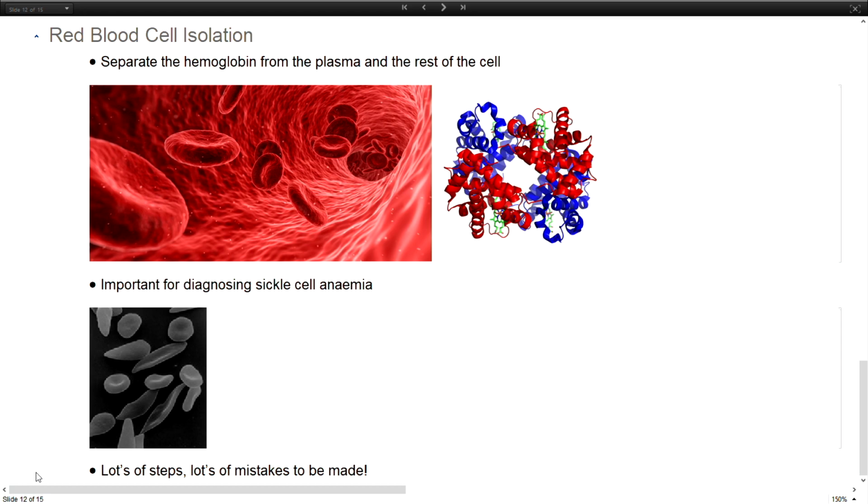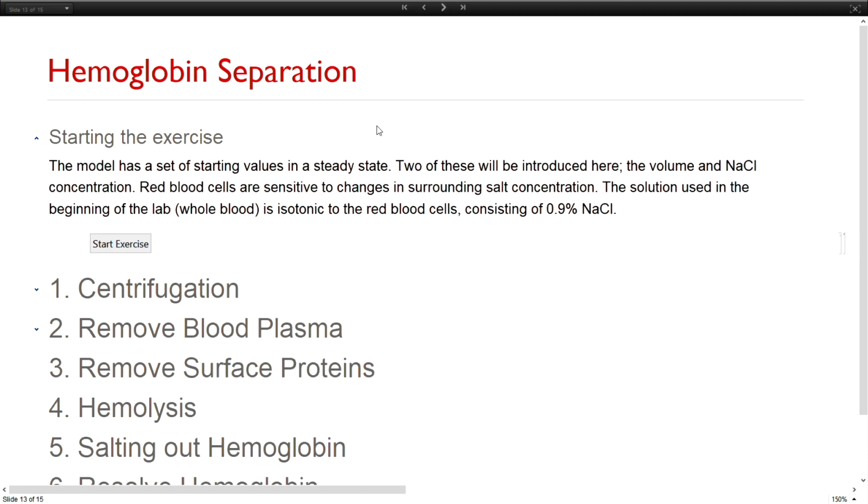And one of the other nice things about this process is that it involves a lot of steps, which I like because then there are a lot of ways to make mistakes to learn from. So I kind of want to show what he did, and this time I'm not showing the model that's running.